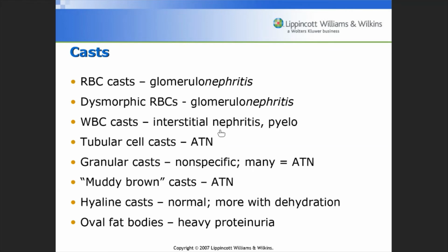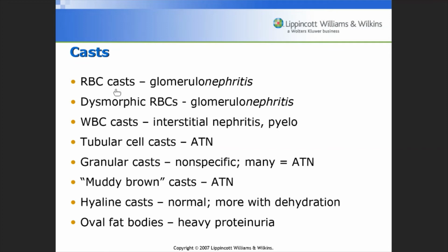Other casts summarized here: tubular cell cast, that's definitely acute tubular necrosis; granular cast, as well as muddy cell cast; red blood cells, glomerulonephritis. But that's a general term. In a little bit, what I hope you guys are going to do is go study. I have made a table to show you how you would distinguish between different types of glomerulonephritis, whether it's nephritic or nephrotic.